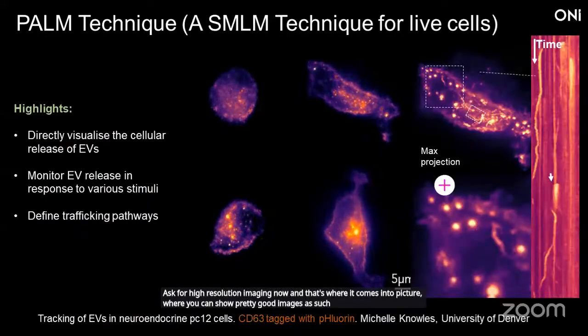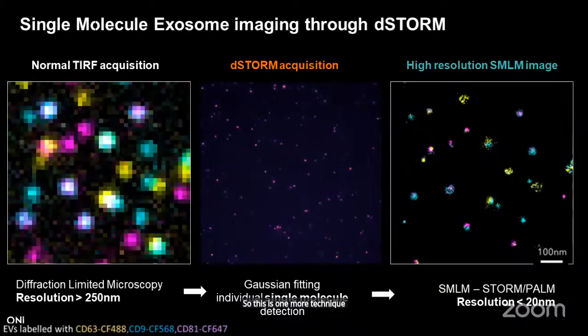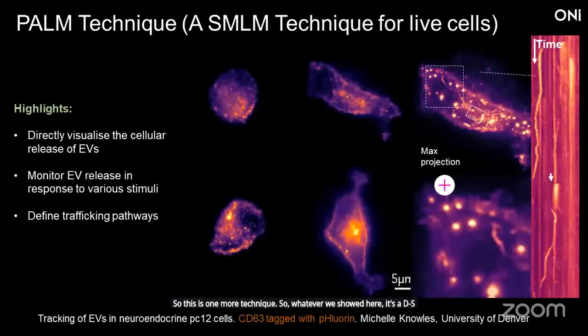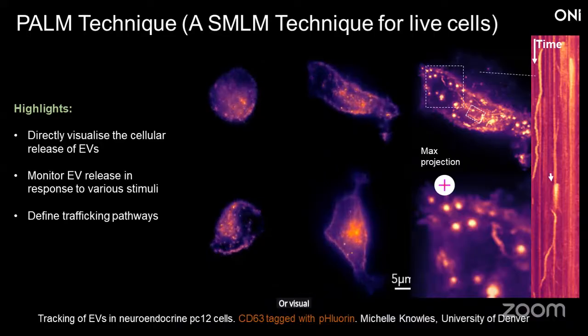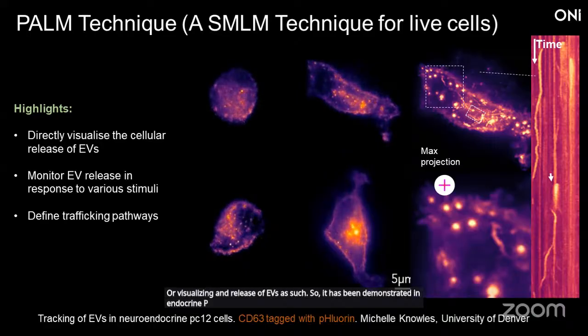So this is one more technique. Whatever we showed here was a dSTORM based EV technique. What I'm showing here is a PALM based technique where you are visualizing the release of EVs. It has been demonstrated in endocrine PC2 cells, and these EVs have been tagged with CD63, which is pHluorin.